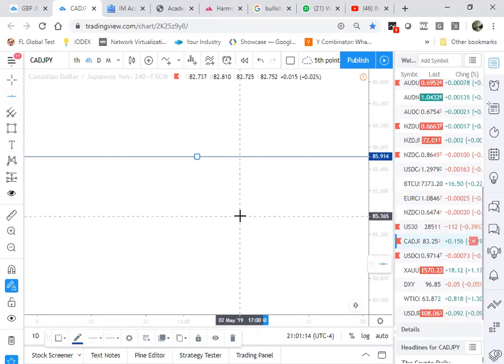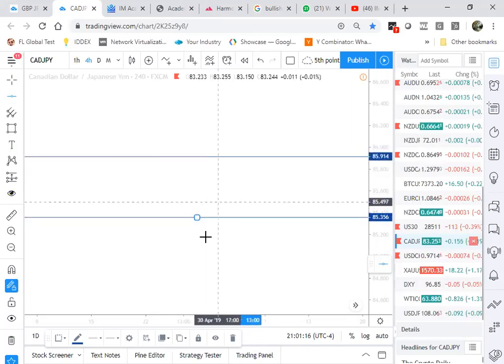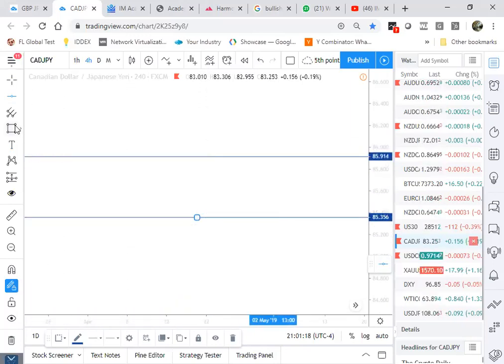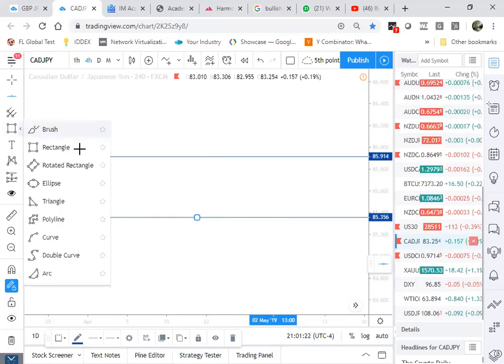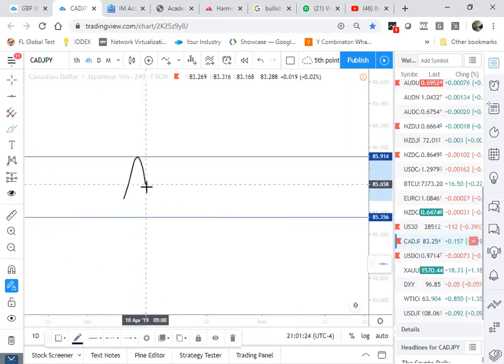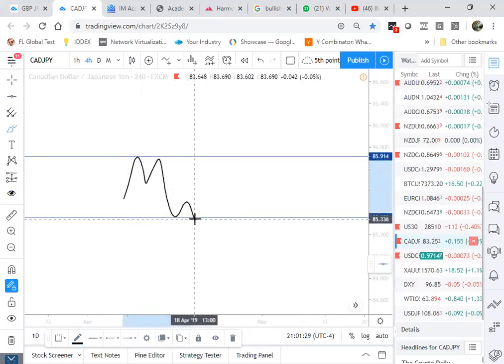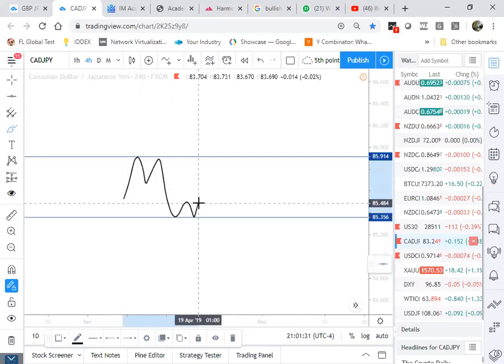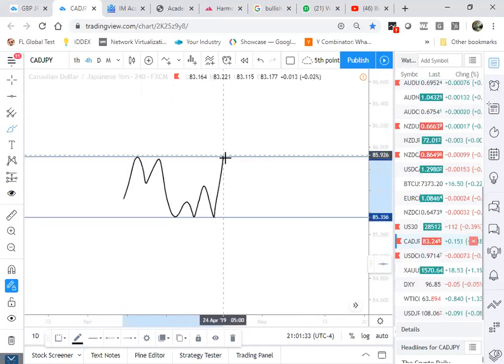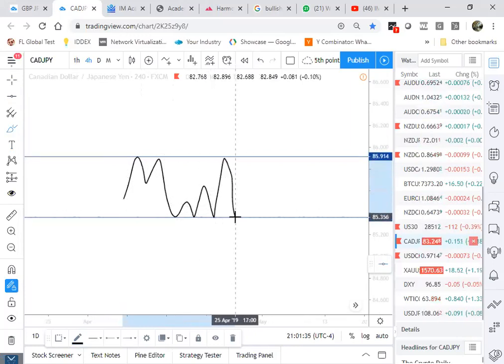But there's a number of things they'll do. Let's say you have support and resistance here. What happens is when retail traders see this, they see price bouncing off a support or a resistance.